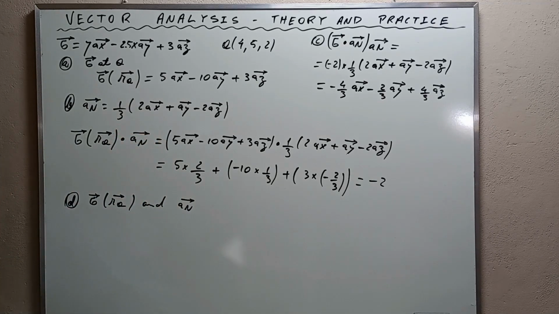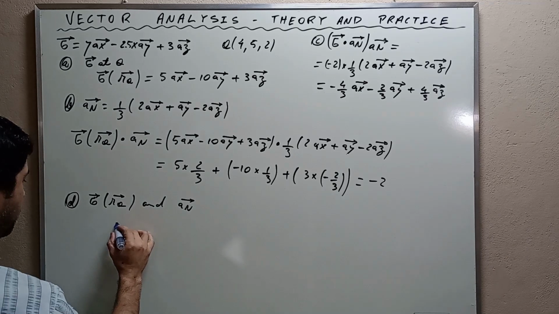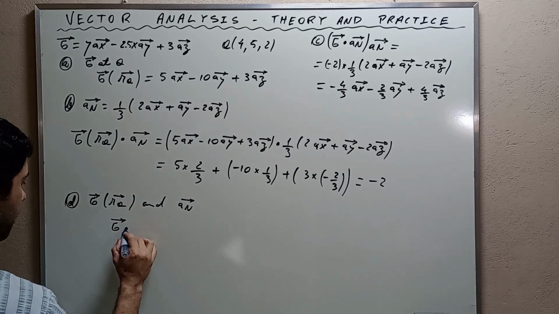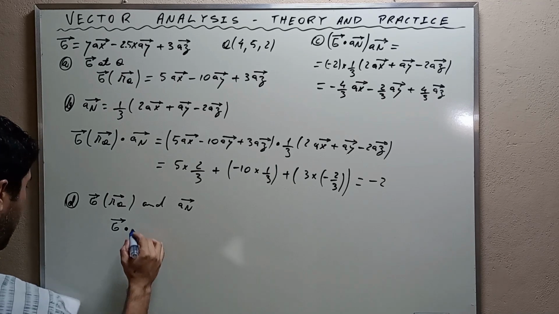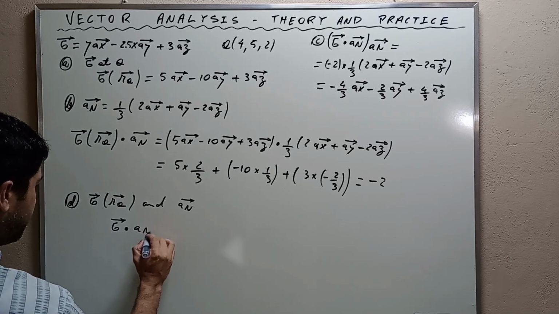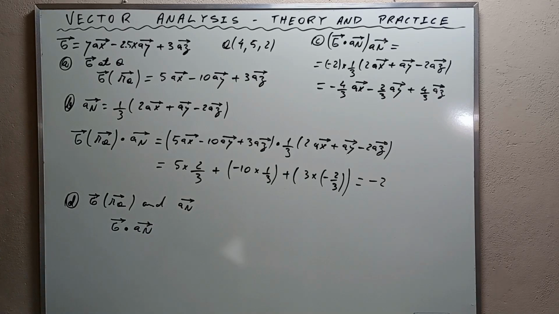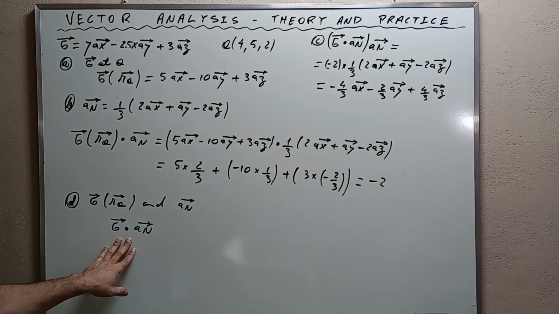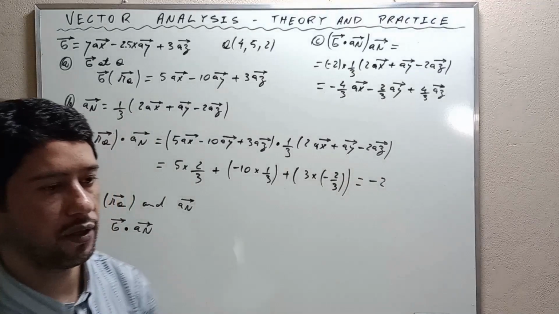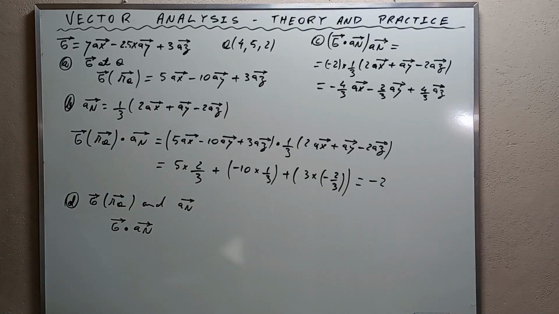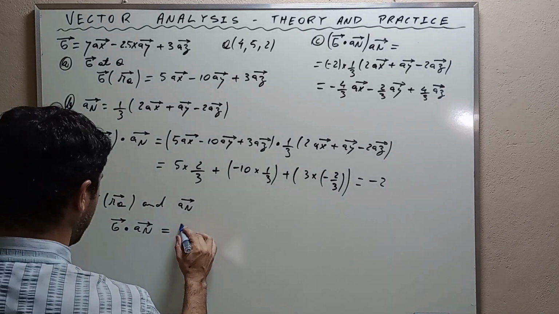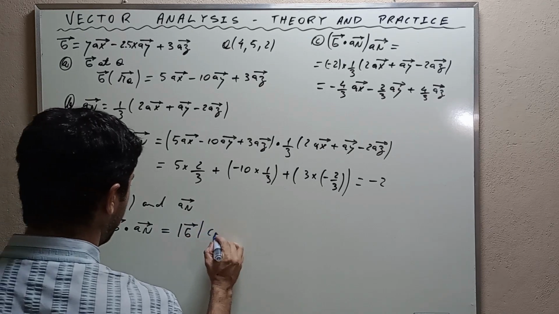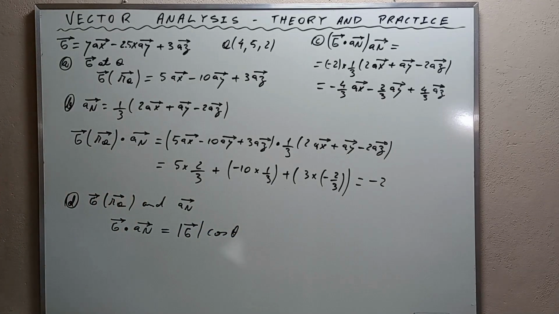We're going to use that the result of this dot product is a scalar, not a vector, and this is equal to the magnitude of G times the cosine of theta.